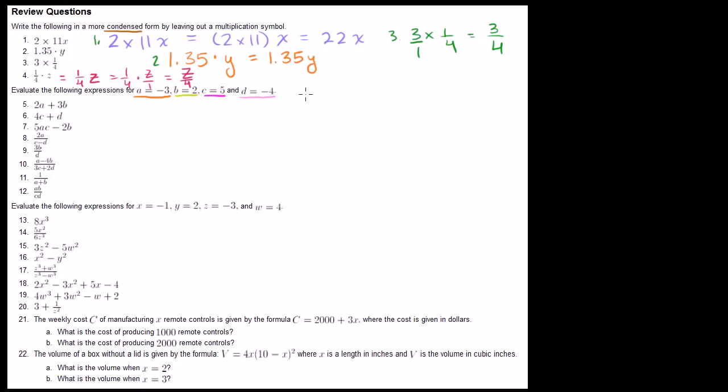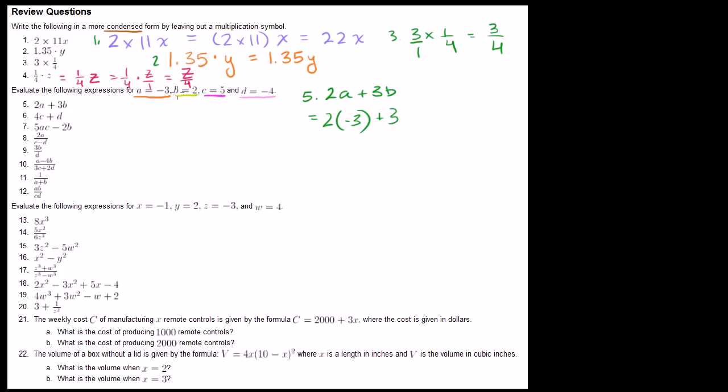So let's say problem number 5. They gave us 2 times a plus 3 times b. Well, this is the same thing as 2 times, instead of an a, we know that a is going to be equal to negative 3. So 2 times negative 3 plus 3 times b. What's b?